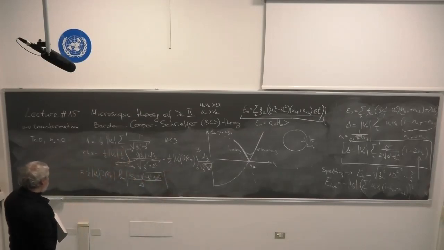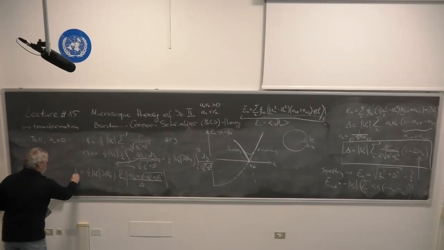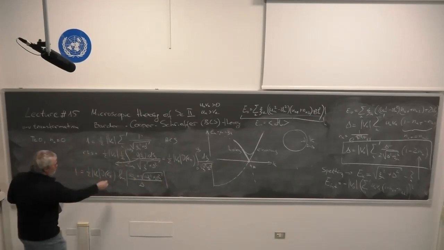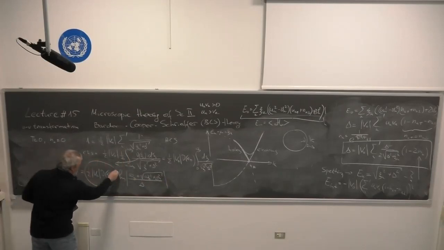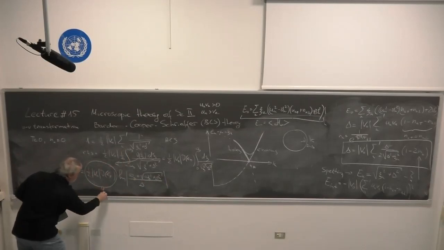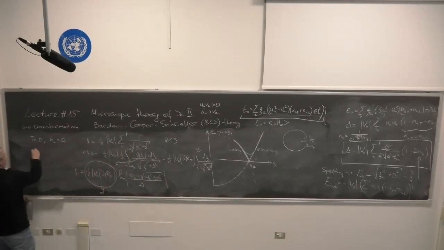Okay, and in the left-hand side we have 1. Let me denote this as a coupling constant G. So I'm saying that G is 1/2 modulus V naught times the density of states at the Fermi level.